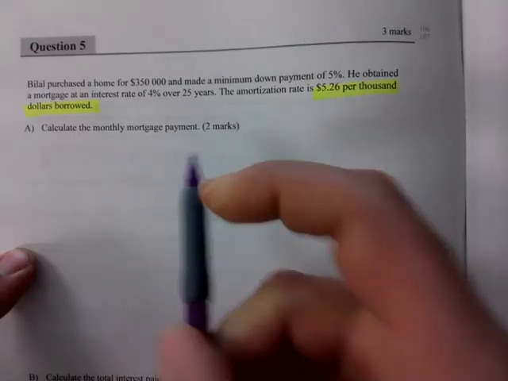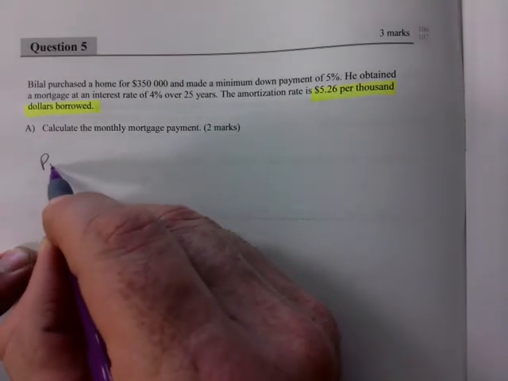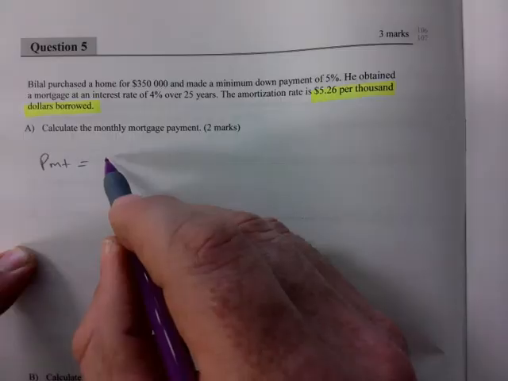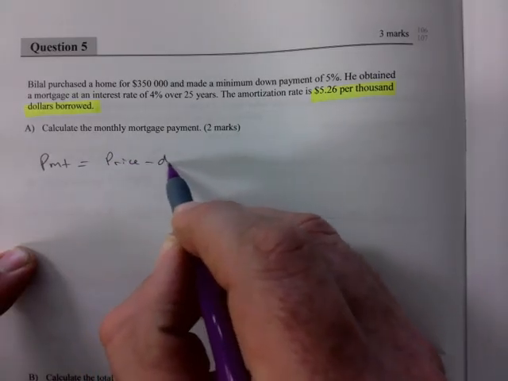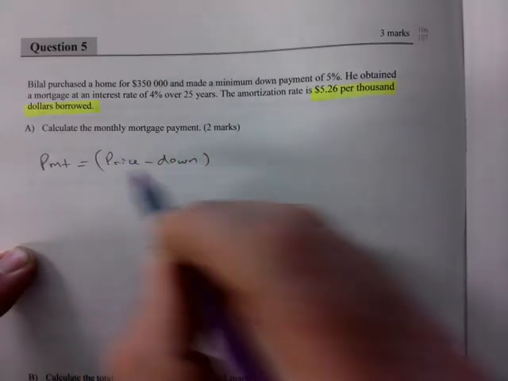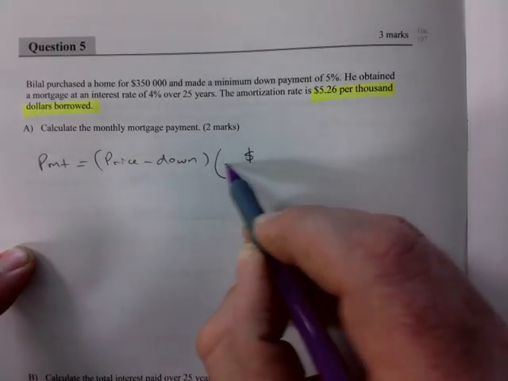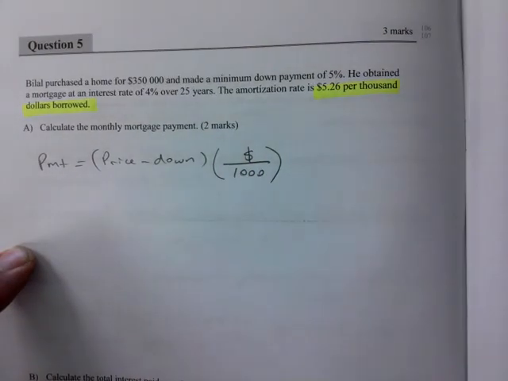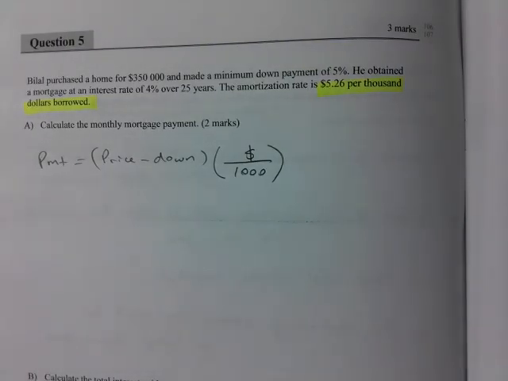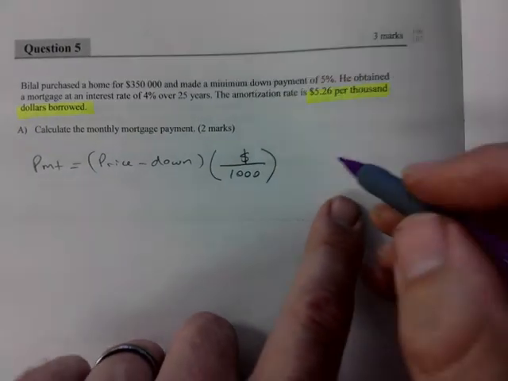Calculate the mortgage payment. The payment is going to be price minus down, times a number amount over 1,000. Okay, that's in essence how you figure out the payment.